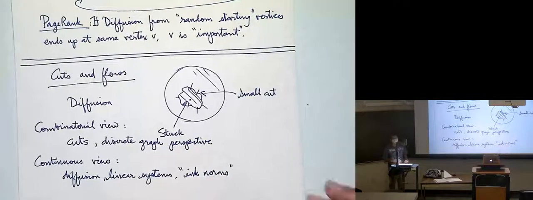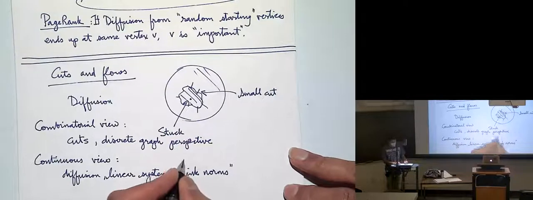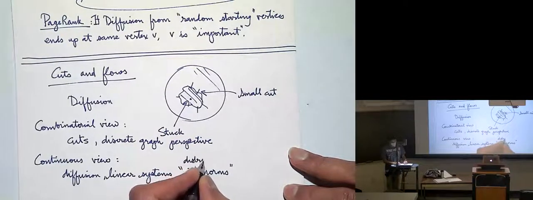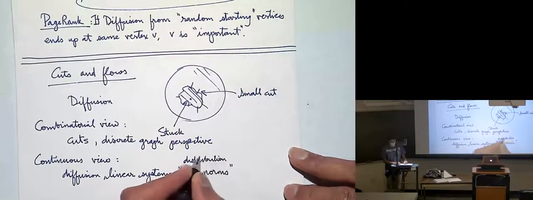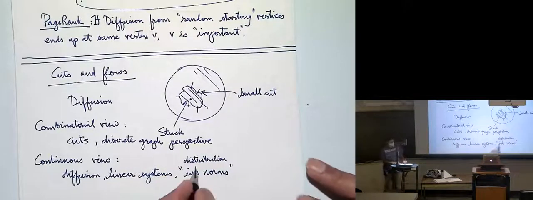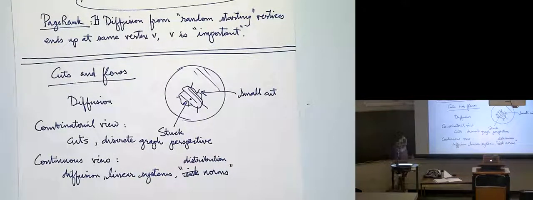I'm using ink in the language that we're using, but technically you look at distribution norms. This is for those who may have heard some of these terms, not ink, but the diffusion norms. So there is some sort of relationship between these views, and this leads to lots of beautiful math, but also lots of very interesting algorithms to solve fairly challenging problems.